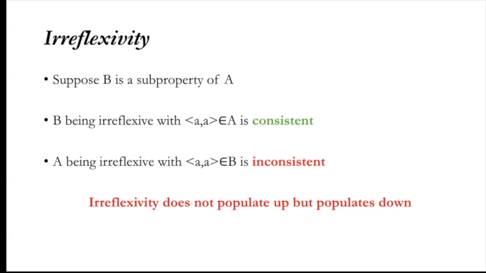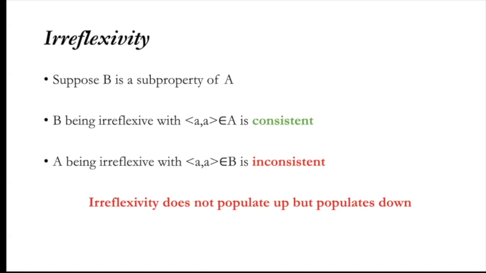I did the same thing, but flipped it and made A irreflexive, and that was a contradiction, it generated an inconsistency. I didn't need to do that because I could have just thought about the underlying logic. So the underlying logic is as follows. If B is irreflexive, that means nothing in B is B related to itself.